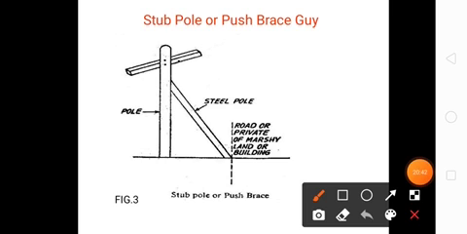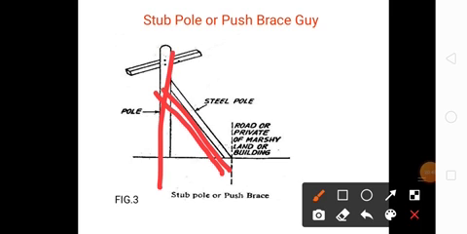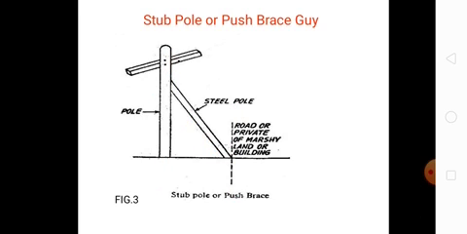Here it is the pole, and this is the steel pole. There is no space here, this is the dead end space. Here it is a road or private buildings. So we are using a stub pole here.